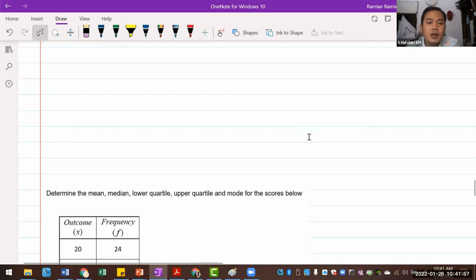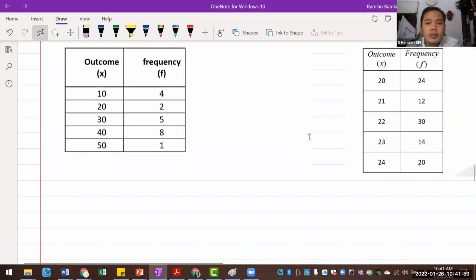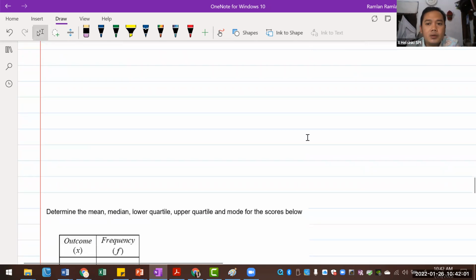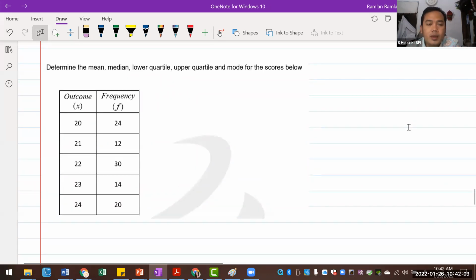Okay, so I have one example for you guys. So here we go. This is the example. We have a table in which we have, let's say, the outcome. Let's say this is the age of a person maybe, and then we have the frequency. If we write this down as singular data, it will be something like this: 20, 20, 20, 20, and so on.